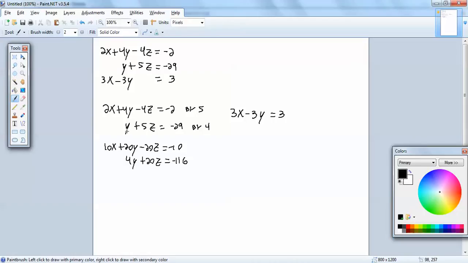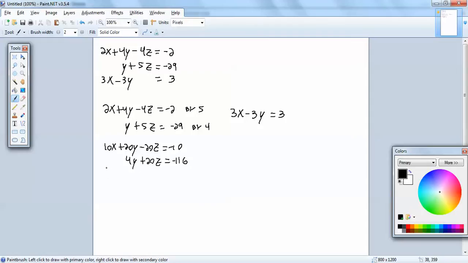Now let me double check everything here. Okay, that looks right.